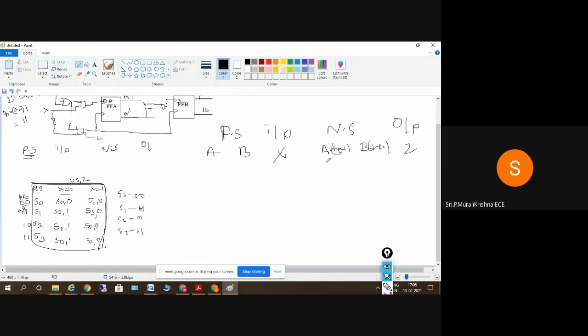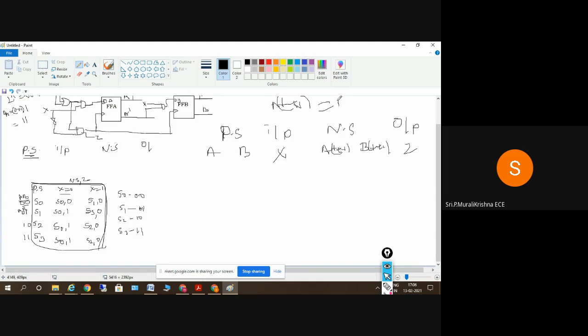So we have A of t plus 1. What is the meaning of A of t plus 1 in case of a D flip-flop? What is the value? D, sir. A of t plus 1 is equal to D. Okay, so that is nothing but DA.